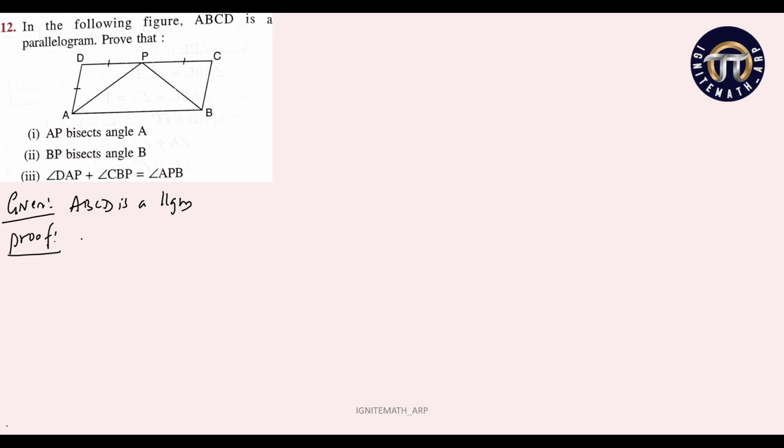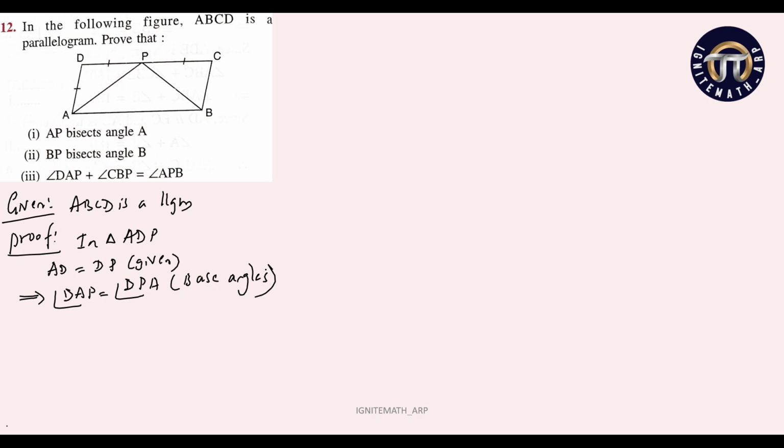Right. So now in triangle ADP, AD is equal to DP. This is given to you. Clear? So that implies angle DAP is equal to DPA. They are nothing but base angles of an isosceles triangle.